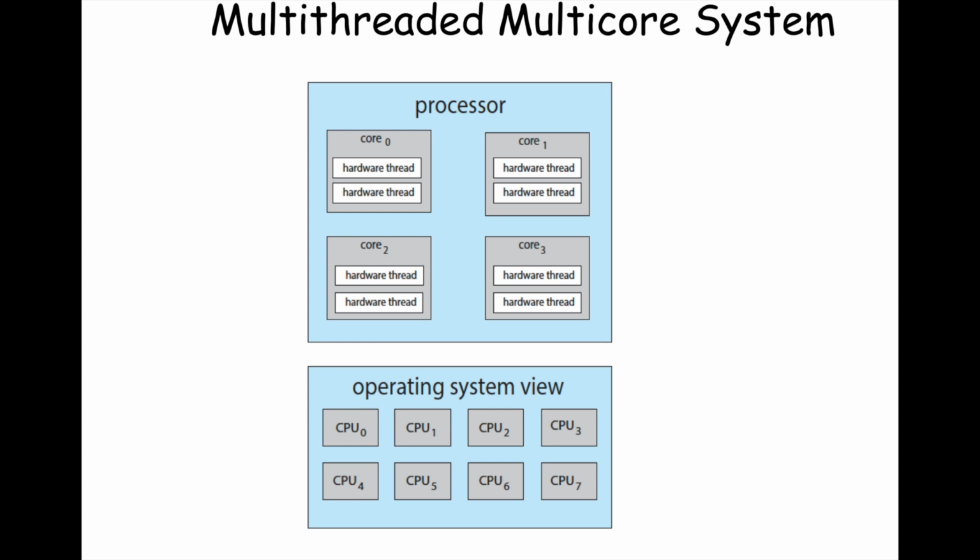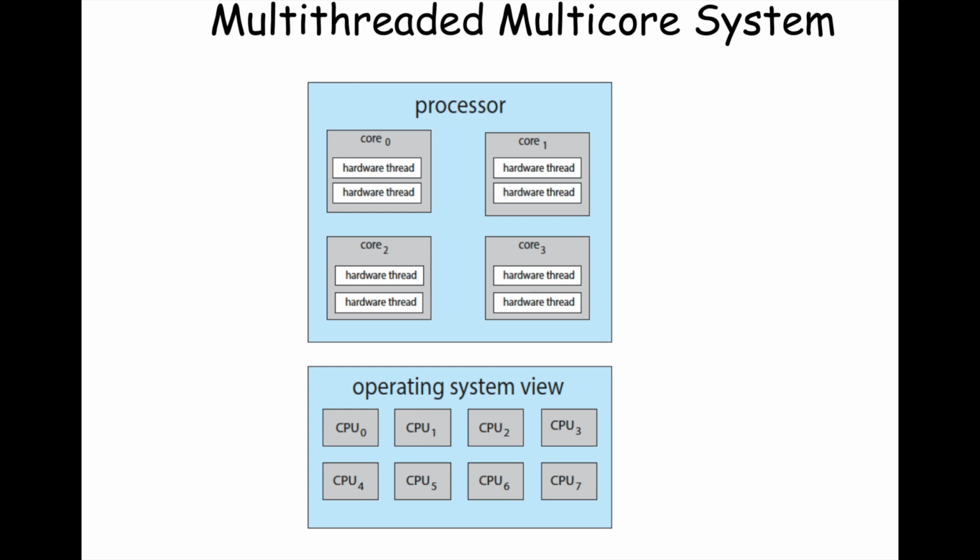And so from the perspective of the operating system, it looks like we have 8 CPUs. Now you might be asking yourself, why is it 8 and not 4, right? Because I see 4 CPUs. Now remember, a CPU from the operating system's perspective is the ability to execute instructions. And this ability to execute instructions is implemented at the processor level in the silicon as a hardware thread.